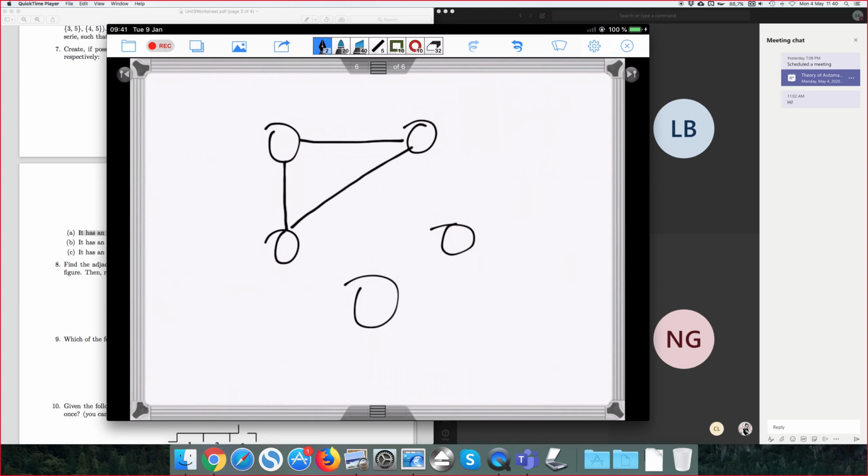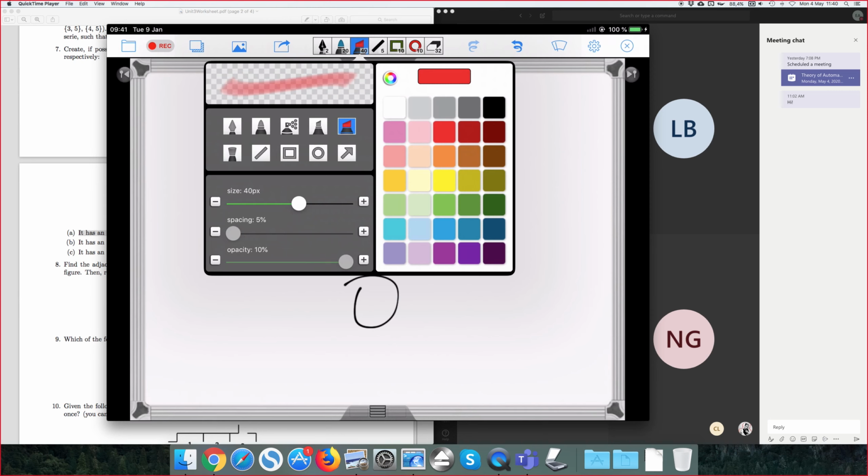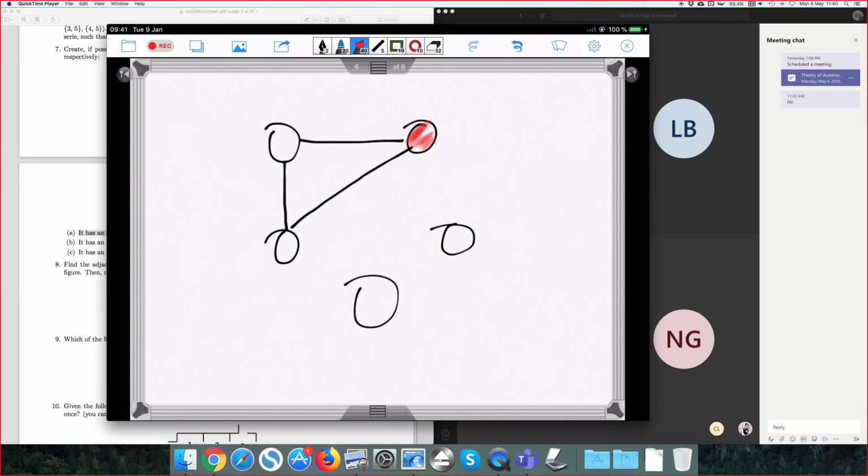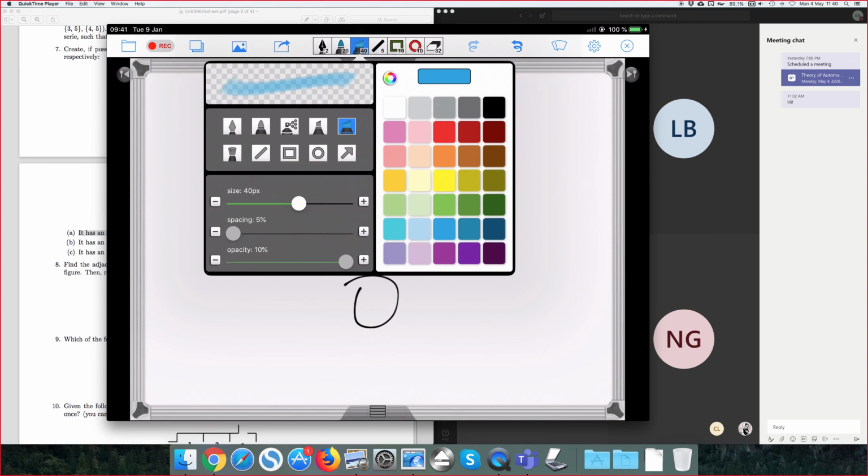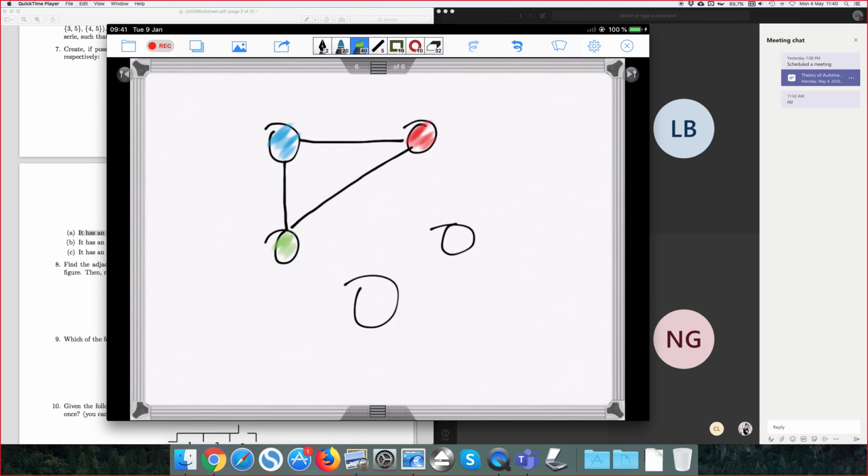With this, the graph is already not two-colorable, because I now need red for this vertex, for instance, blue for this one, and green for this other one. Whenever I have a cycle of odd length, I need 3 colors at least. So now I have 5 vertices, 3 edges, an Eulerian cycle. Yes, because this is an Eulerian cycle.